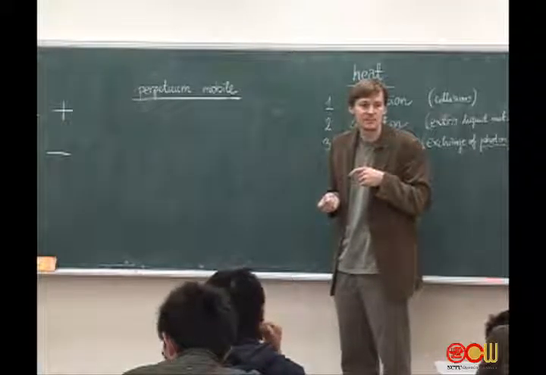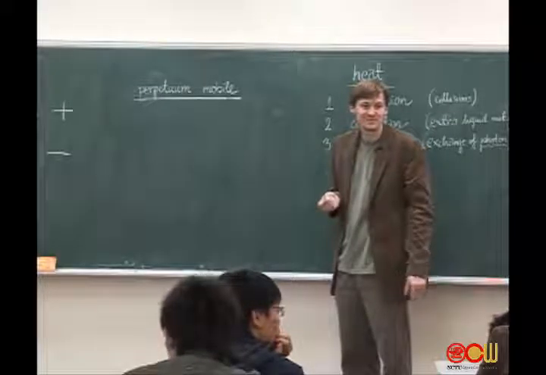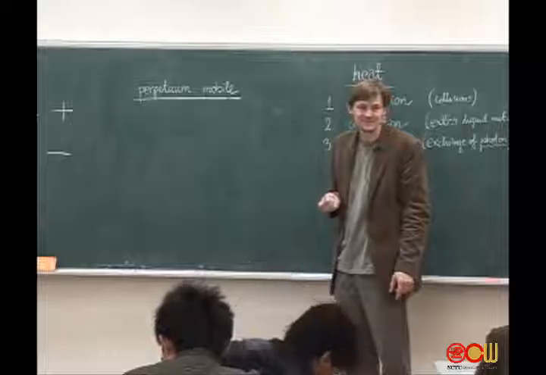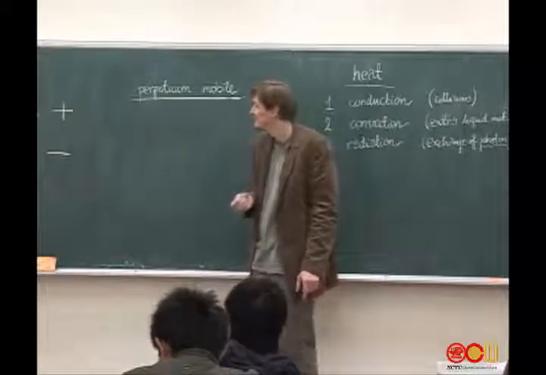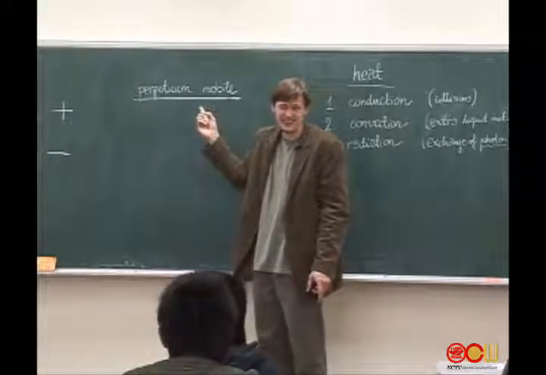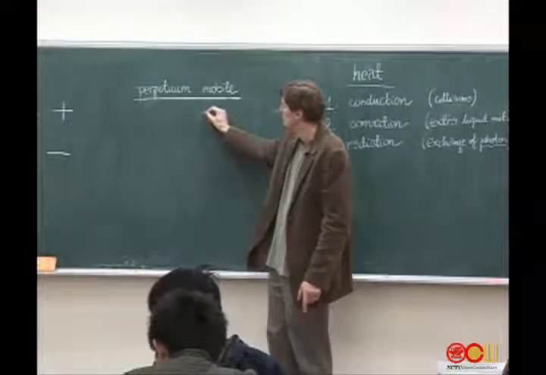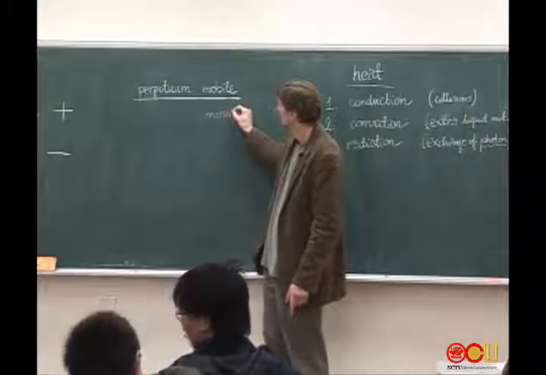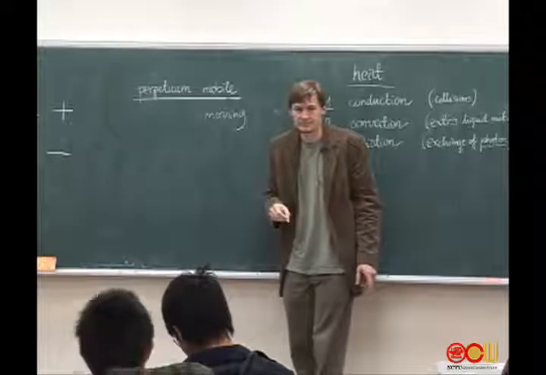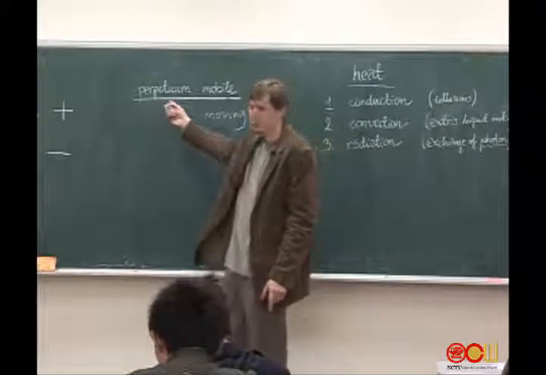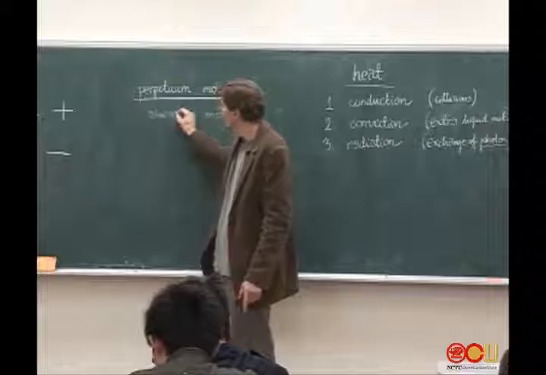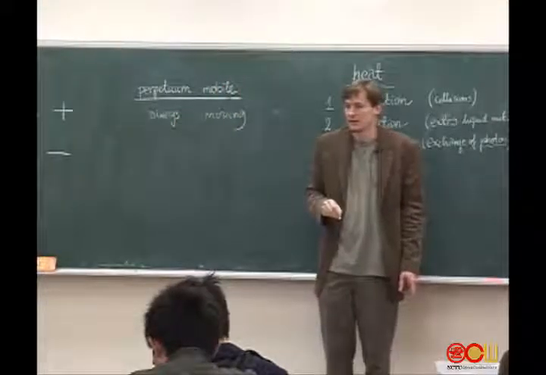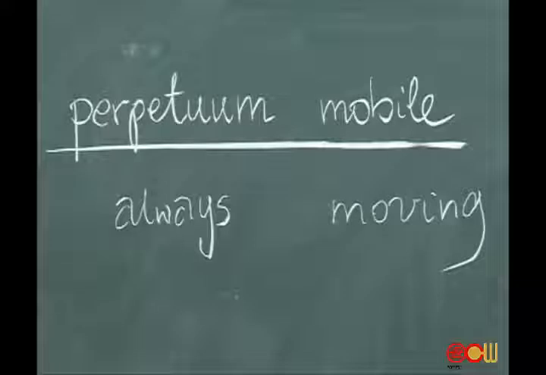How do you say it in Chinese? There is no word for this. Okay, I mean, this is not English, this is Latin. And mobile in English means moving. And perpetuum in Latin means always, or continuously, rather. No translation for this in Chinese?